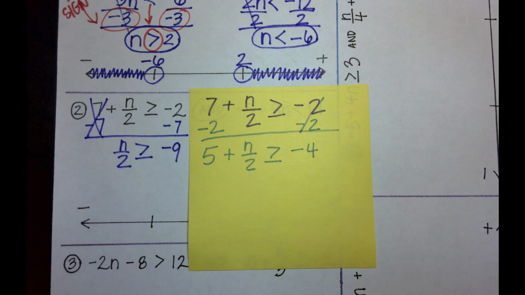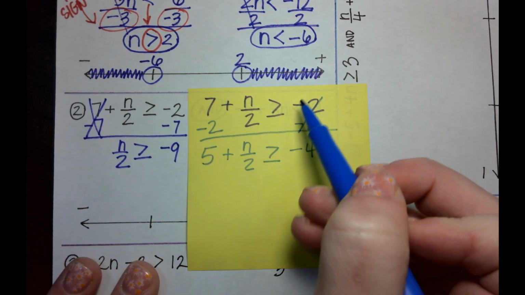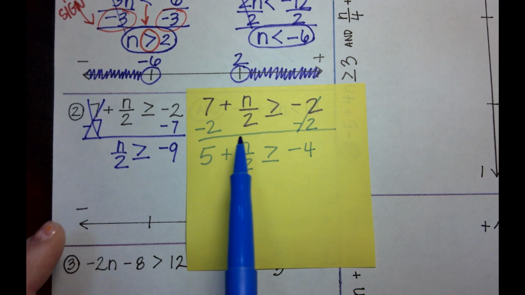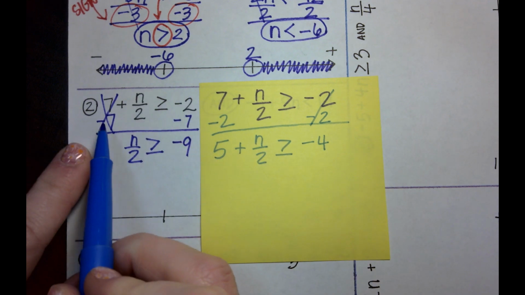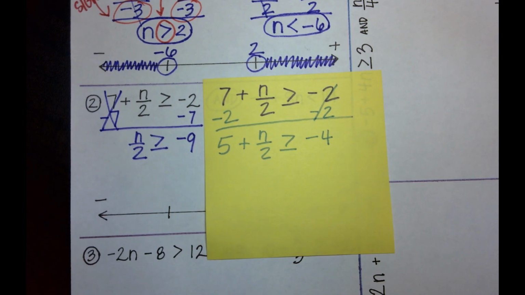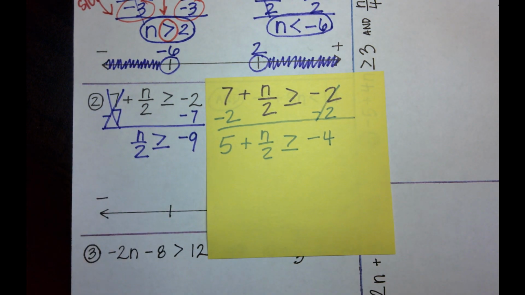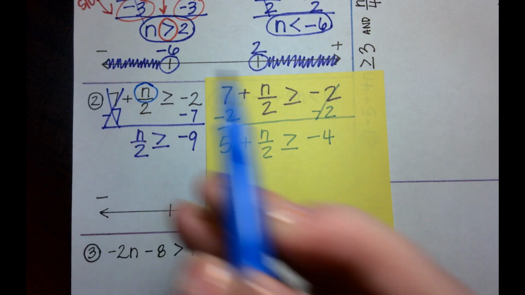But let's talk about why we wouldn't want to start on this side of the inequality. What would be the reason that it would make more sense to start by subtracting 7? Because we need to get n by itself. Yes, remember our goal is always to get n, or x, or y, z, whatever the variable is, by itself.